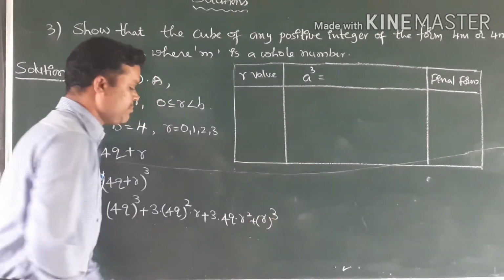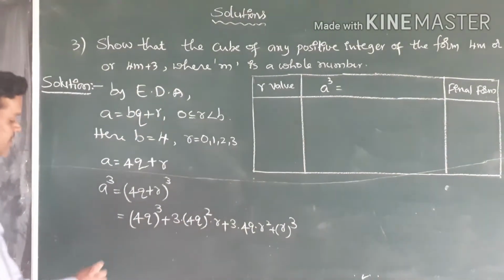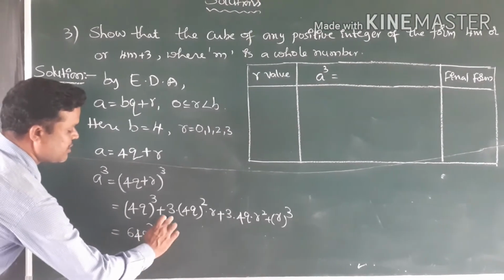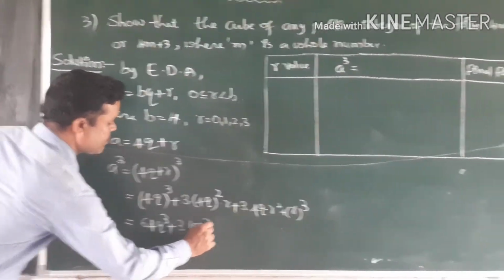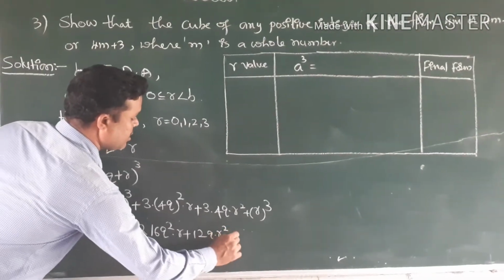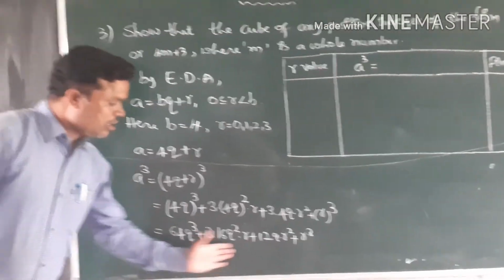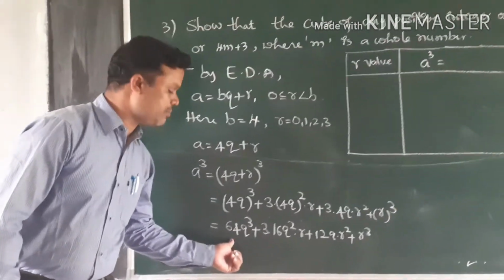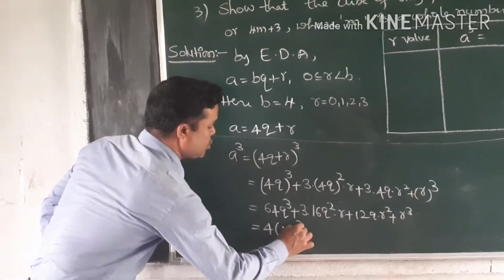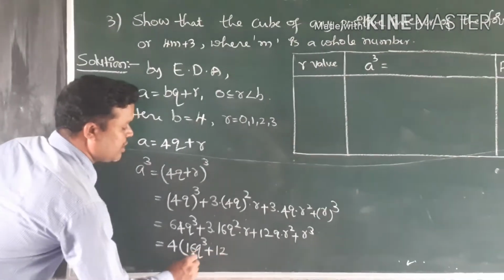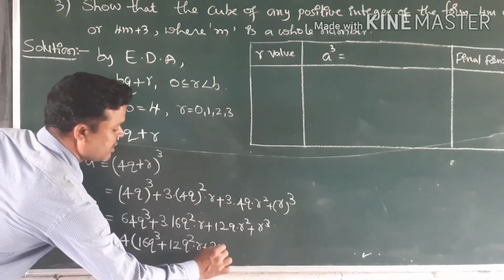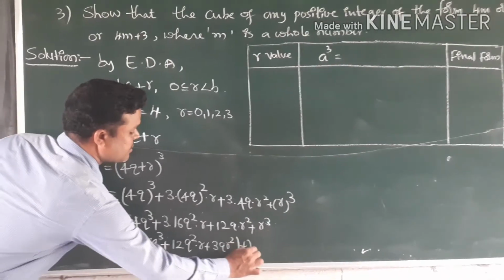Let's keep only the r term along, and the remaining terms together, that is 64q cube plus 3 into 16q square into r plus 12q r square plus r cube. From all the terms we can take 4 as common, that is 4 into 16q cube plus 12q square into r plus 3q r square, plus r cube.